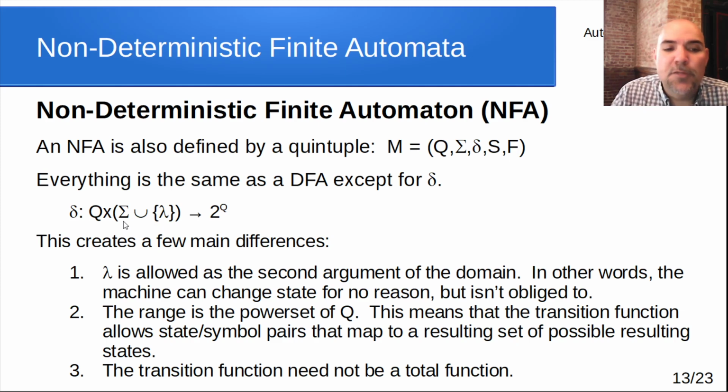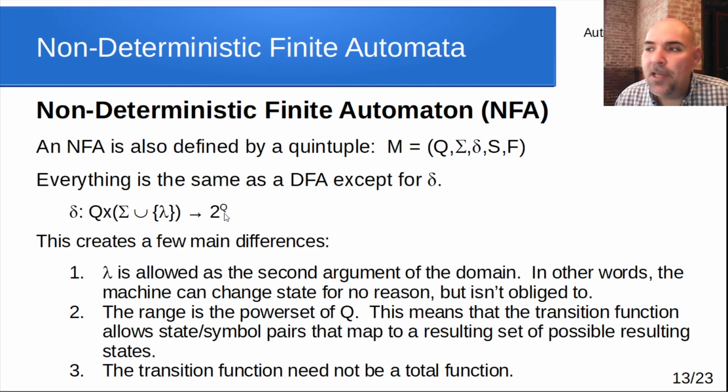The other thing we did is we changed the range. It's mapping Q and a symbol from the alphabet or lambda to a resulting element from the power set of Q, which, remember, is the set of all possible subsets. So this could be single states, or an empty set, or any subset of the set of possible states.